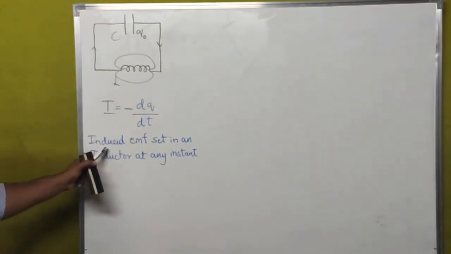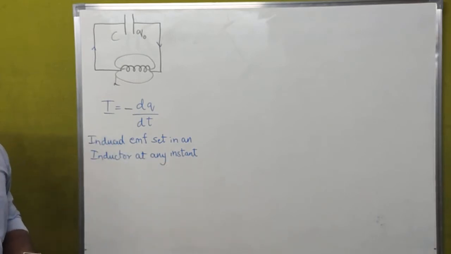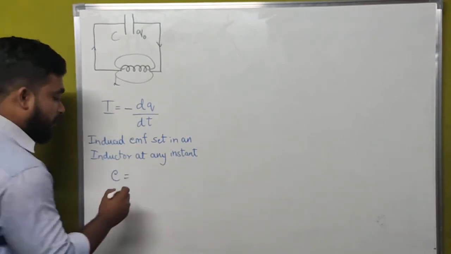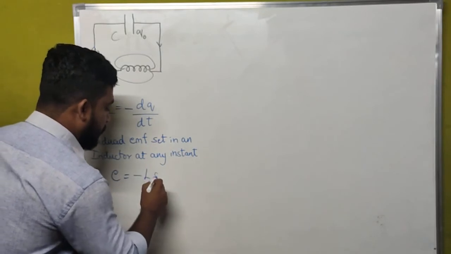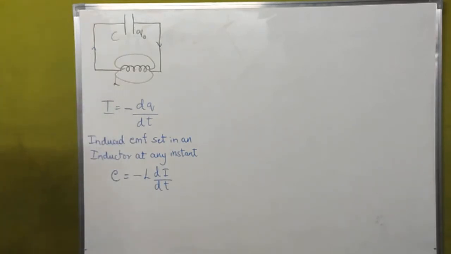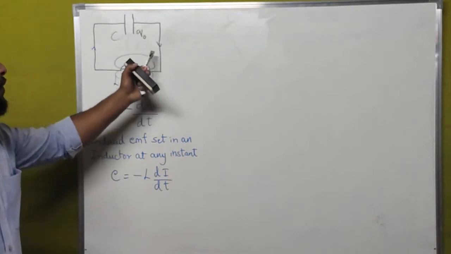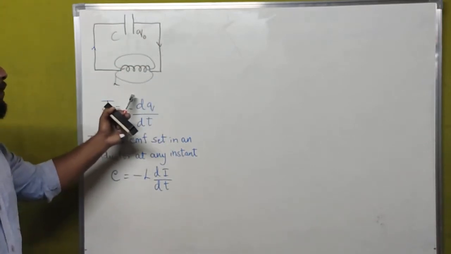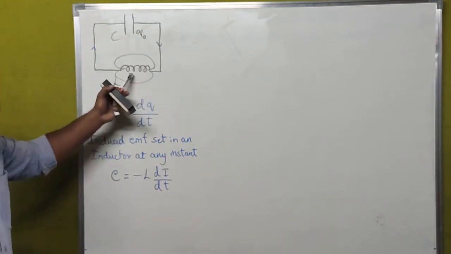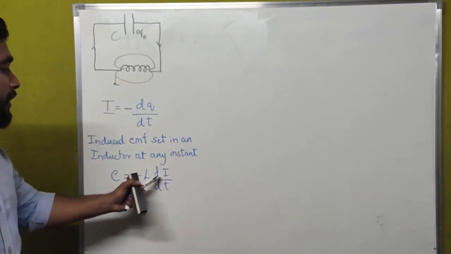The expression for the EMF of an inductor is nothing but minus L into di divided by dt. Once the charge starts to flow, the current is I equals dq divided by dt.